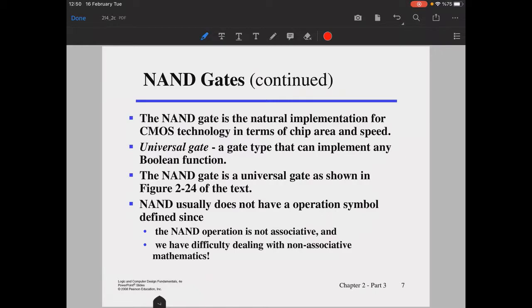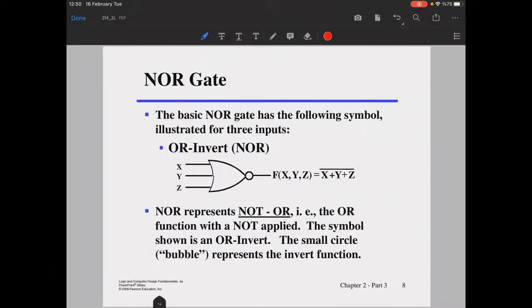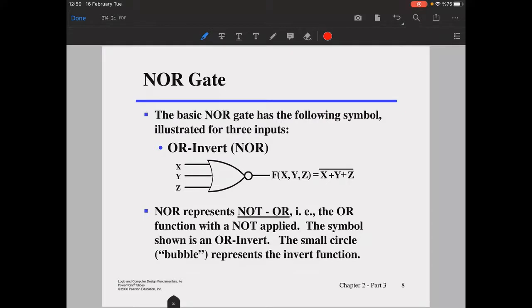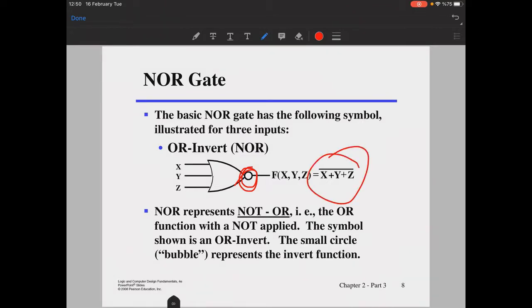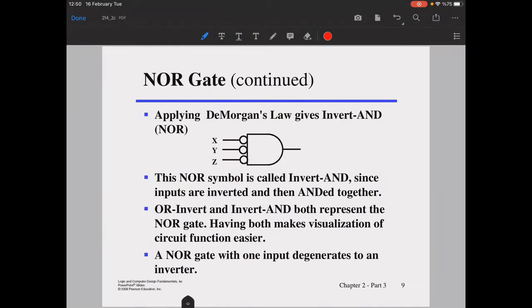So let's take a look at the other one. It's, let's say, its brother, the NOR gate. You just put an inverter at the end of an OR gate and it becomes your NOR gate, as you see here. Again, the same thing applies for NOR gate as well. You can take De Morgan's complement and depict it in a different way, like this, invert AND form.